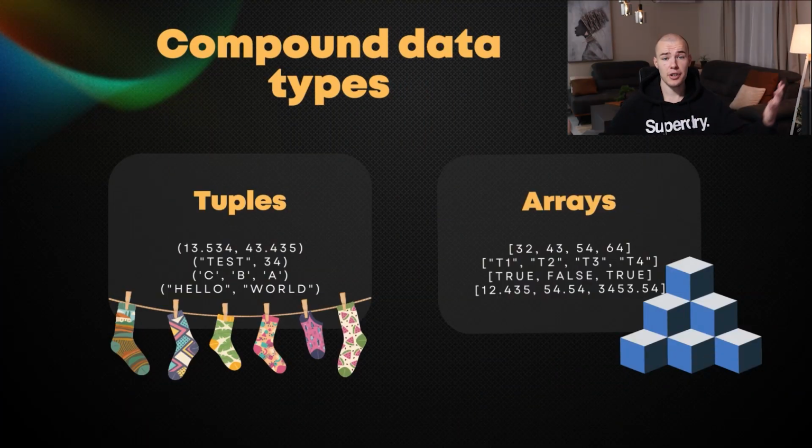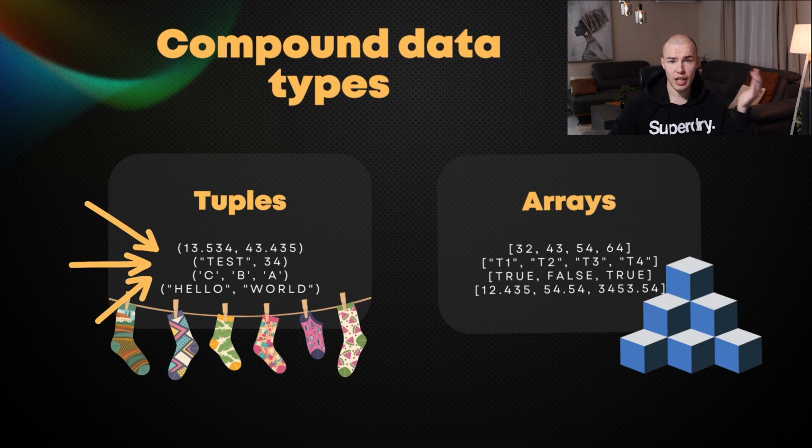So you can group together values that do not have to be of the same type, as you can see on the screen. There you go. Tuples can contain values of different types, and each value is separated by a comma.